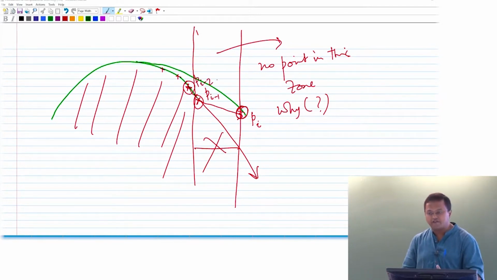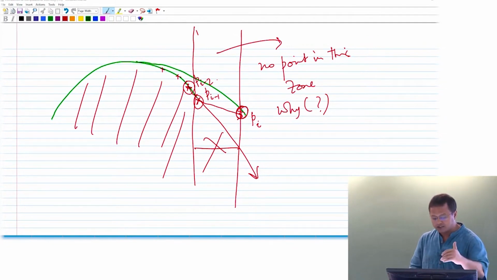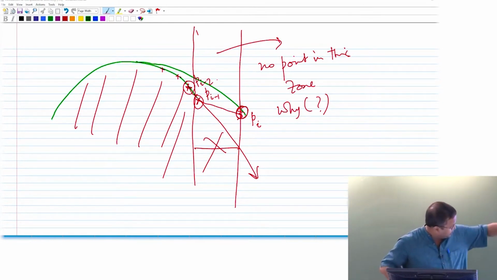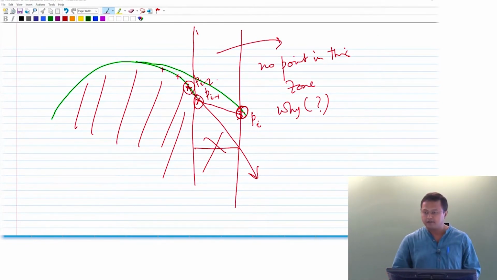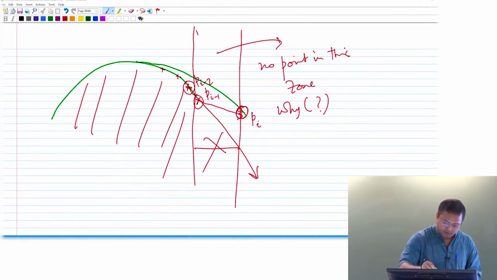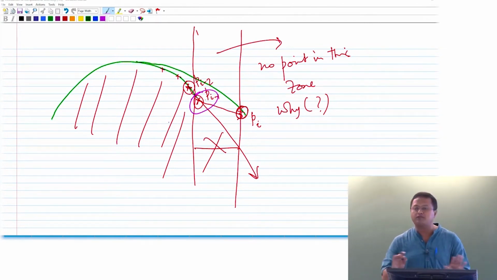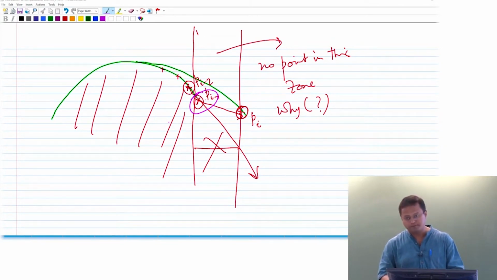So, if there is a left turn from the line segment P i minus 2 to P i minus 1, if you are taking a left turn to hit P i, then the inference that I can draw is P i minus 1 has no business to be on the hull, right.